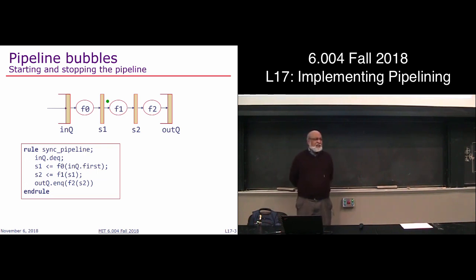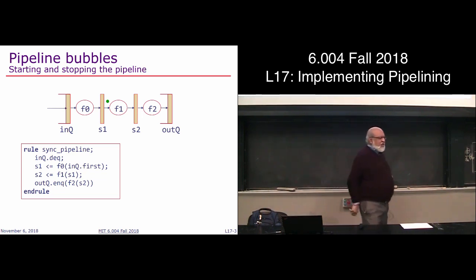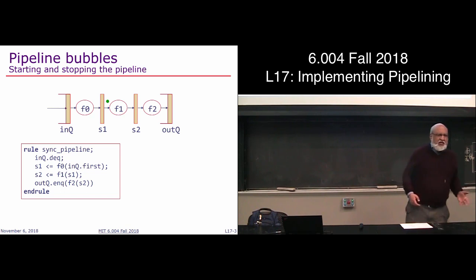Okay, so there is a slight problem in such simplistic designs. Actually, it's quite incomplete. Why is it incomplete? Consider the following situation. Suppose you have a token in this pipeline, a green token, right? And there is nothing in the input queue. So what will happen in such a situation? The rule will not fire, right?